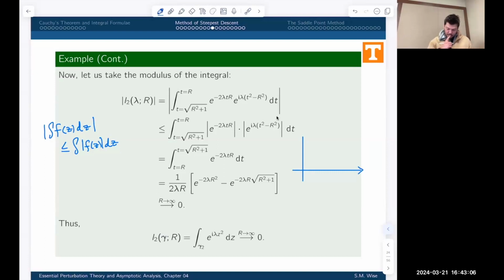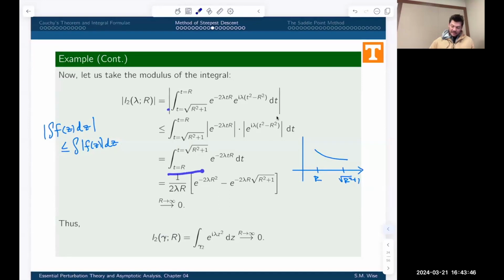Once I make the replacement, this is a positive but decreasing function, and R is certainly less than the square root of R squared plus 1. Otherwise you get a negative sign. So I'll fix that up. No big deal. This is correct.